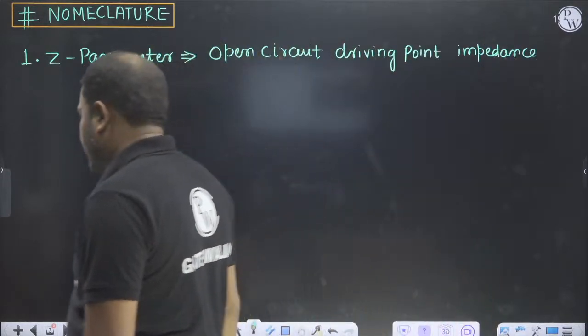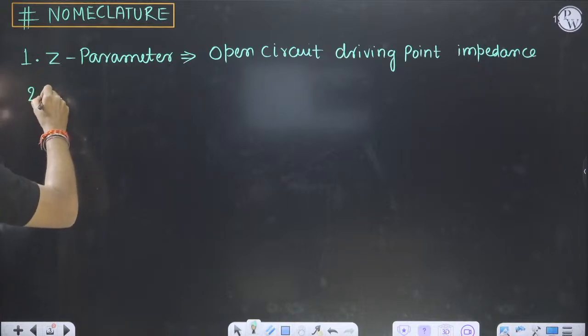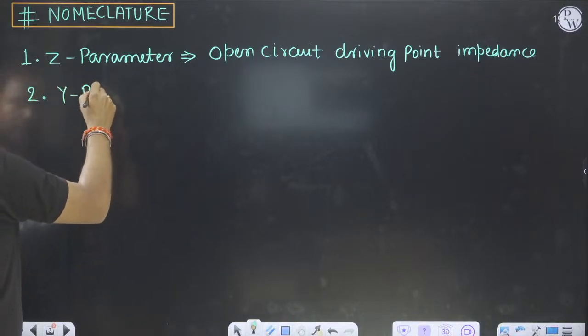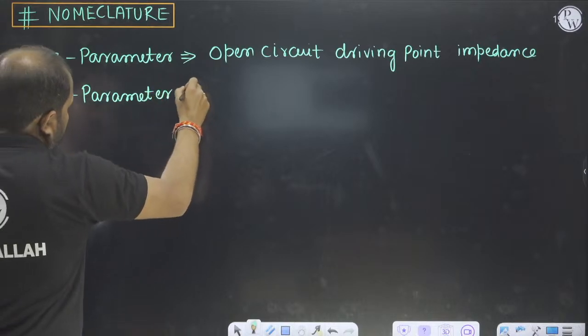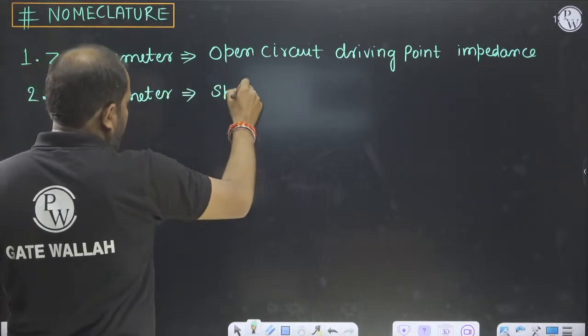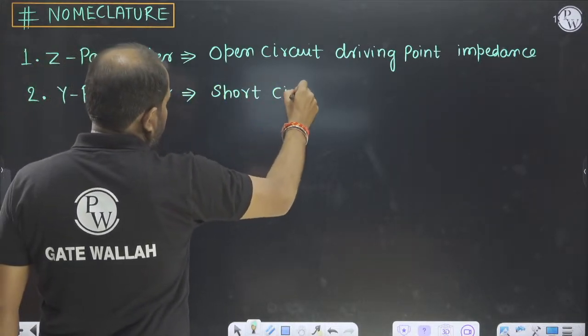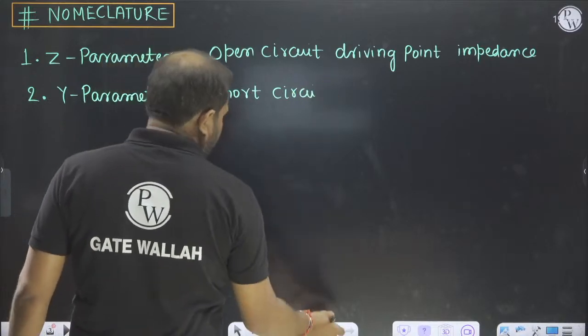Then second one is Y parameter. Y parameter is known as short circuit driving point admittance.